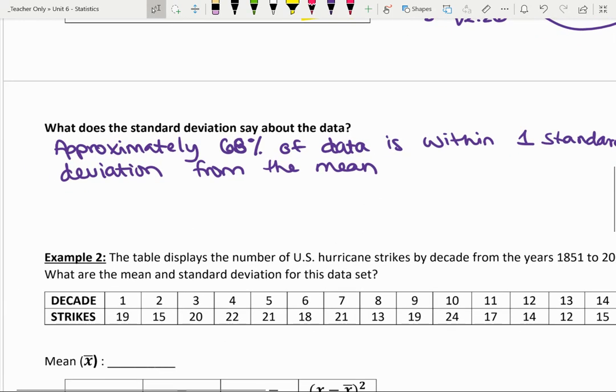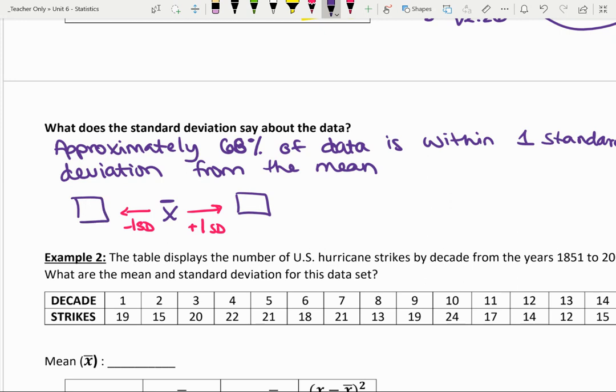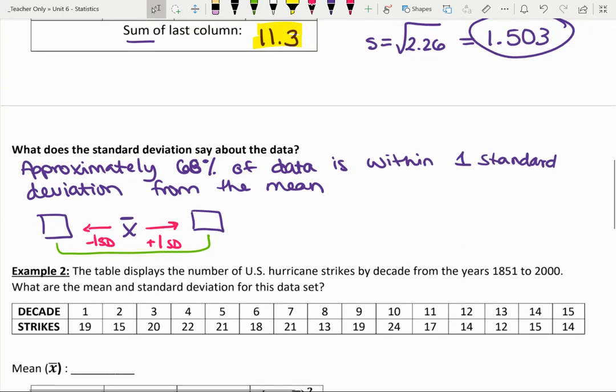So what that means is that if I have my mean, my little X bar, whatever it happens to be, if I add 1 standard deviation or I subtract 1 standard deviation, so that actual number, the standard deviation, I'm going to get 2 numbers. And within those 2 values, so a smaller number and a larger value, within that interval, about 68% of your data is going to be.